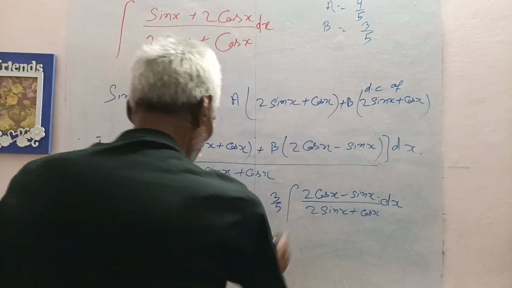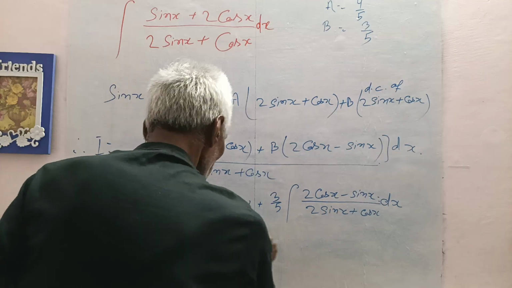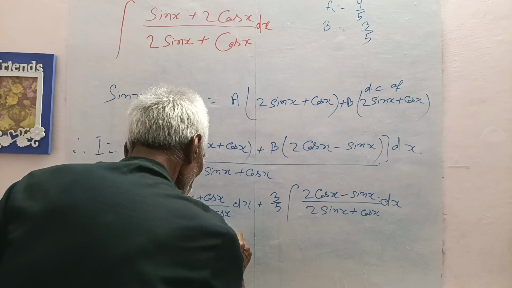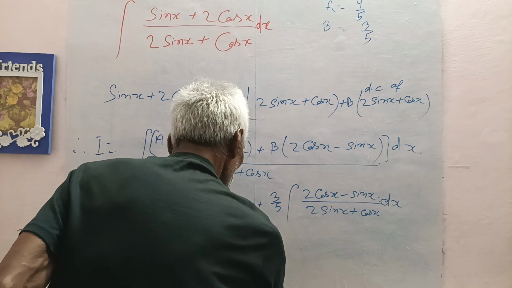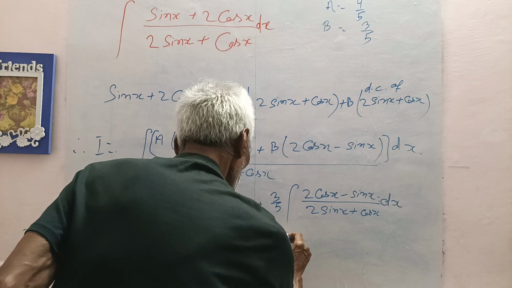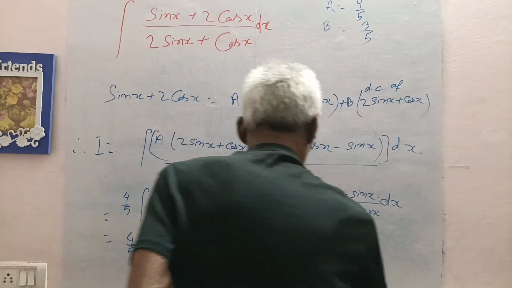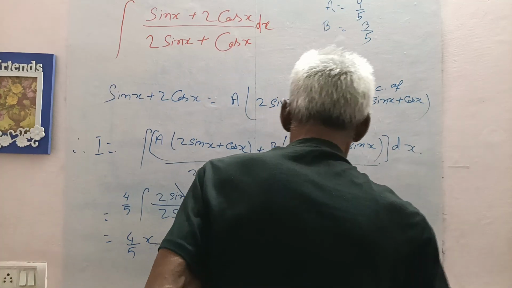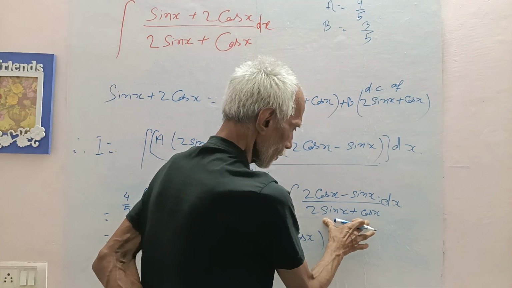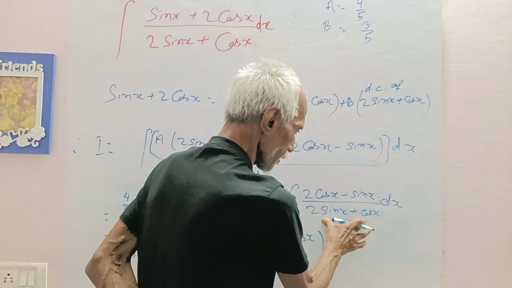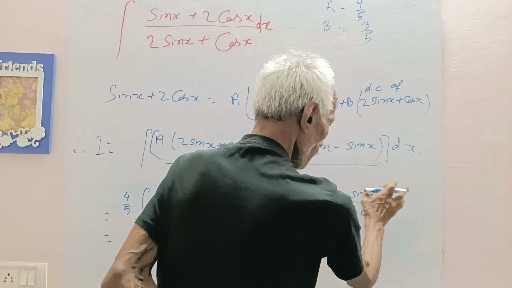So here will be log (2 sin x plus cos x) plus c, because if you put t for this, then (2 cos x minus sin x) dx will be dt.